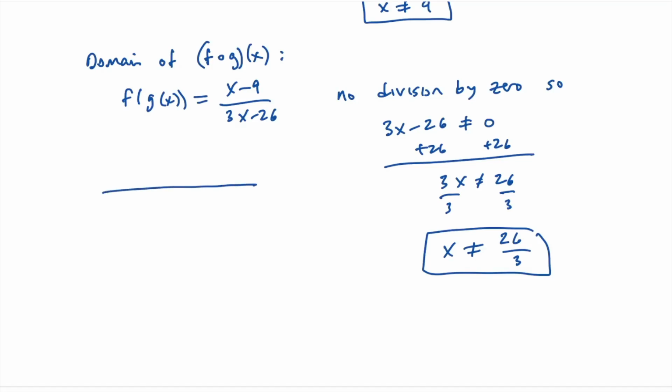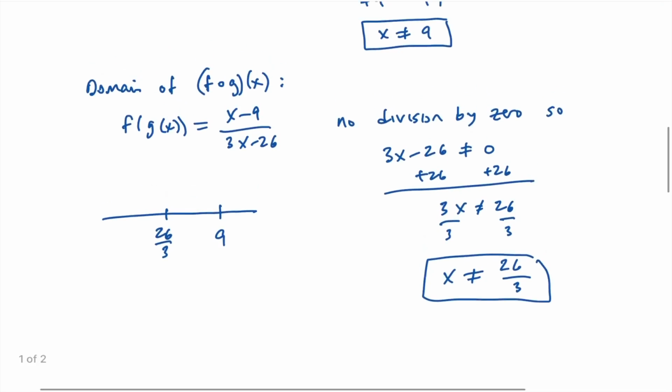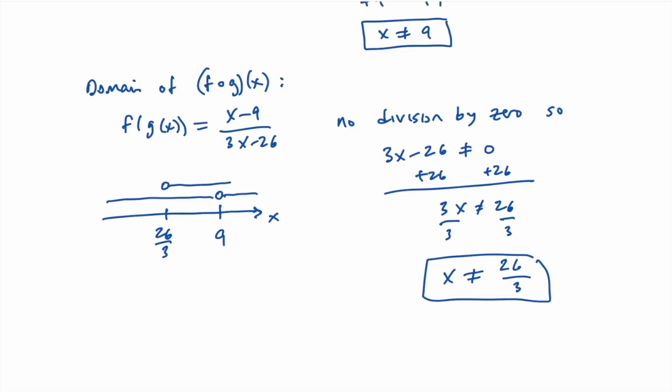And so 26 over 3 is a little smaller than 9. Okay, so we can't allow x to be 9, but it can be everything else. I'll just put this the x direction. And we can't allow x to be 26/3, but we can allow everything else.